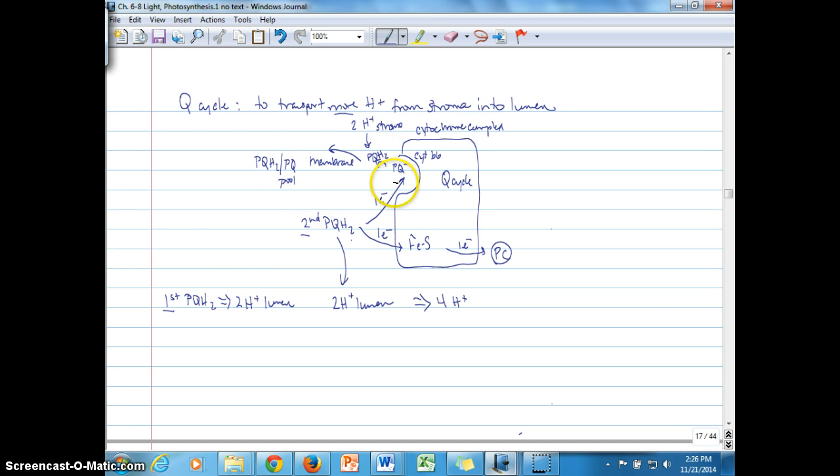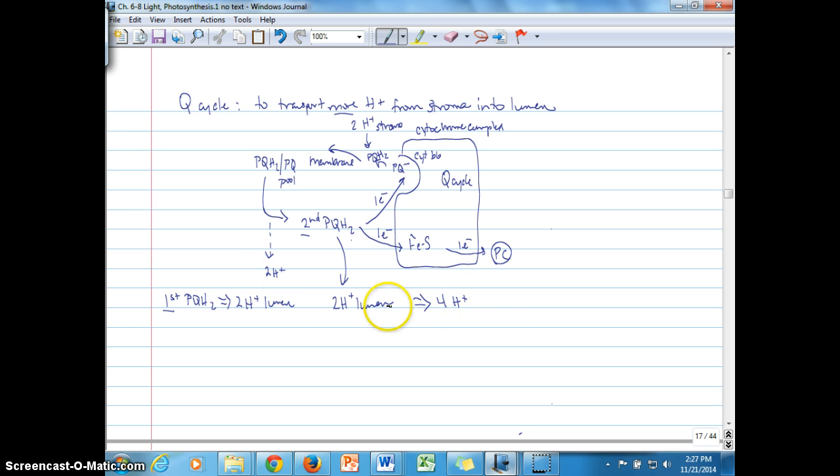But now remember, we've got that first PQH2 that was sitting here waiting. It picked up 2 more hydrogen ions and re-enters the pool, and that actually is going to come back around through the same procedure here and ultimately give 2 more hydrogen ions.